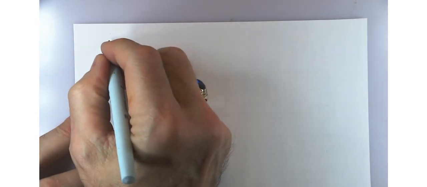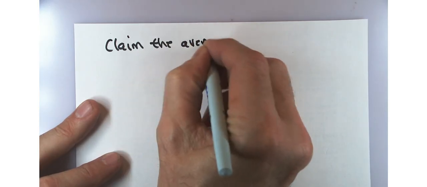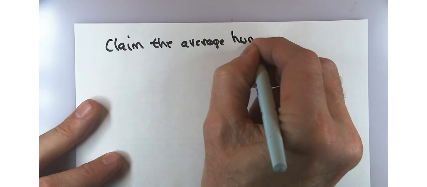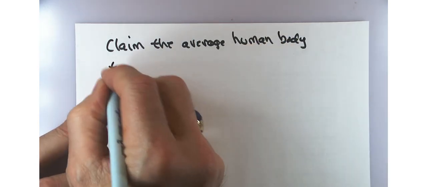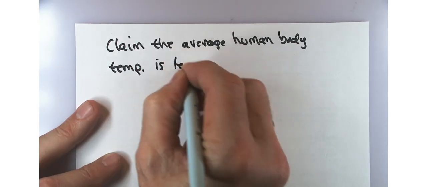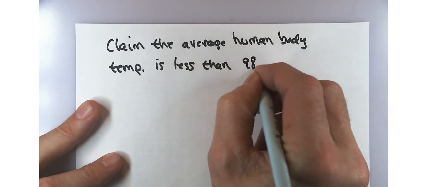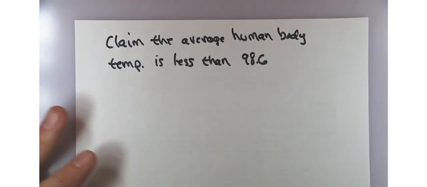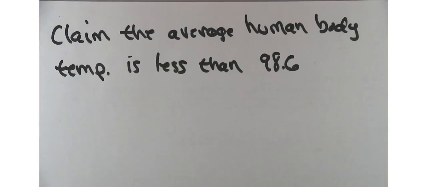So here's our original claim. The average human body temperature is less than 98.6. I don't believe that old, century and a half old statistic. I think it's less.